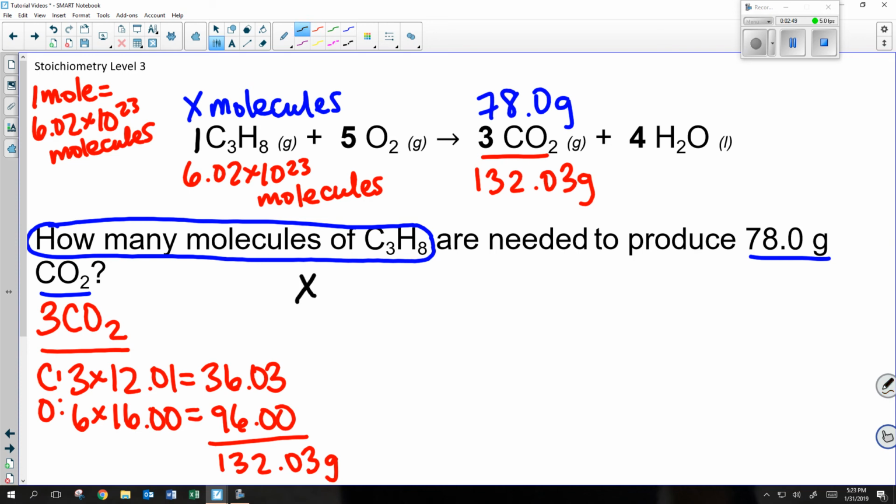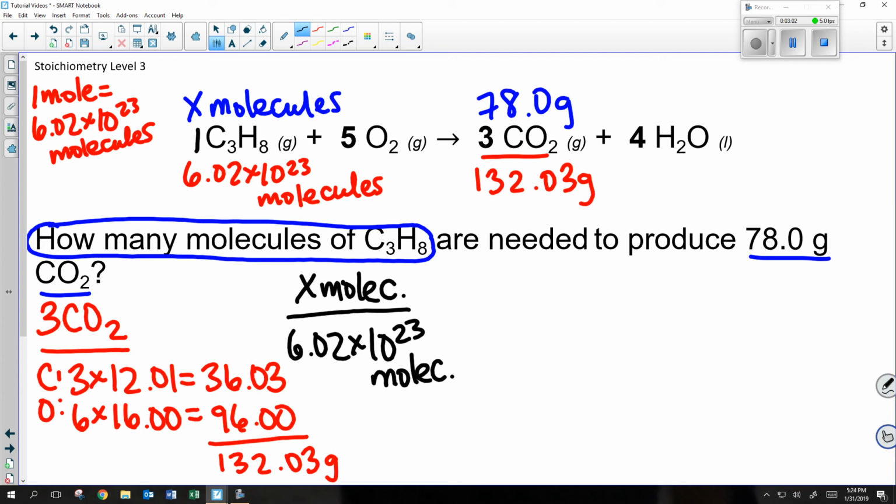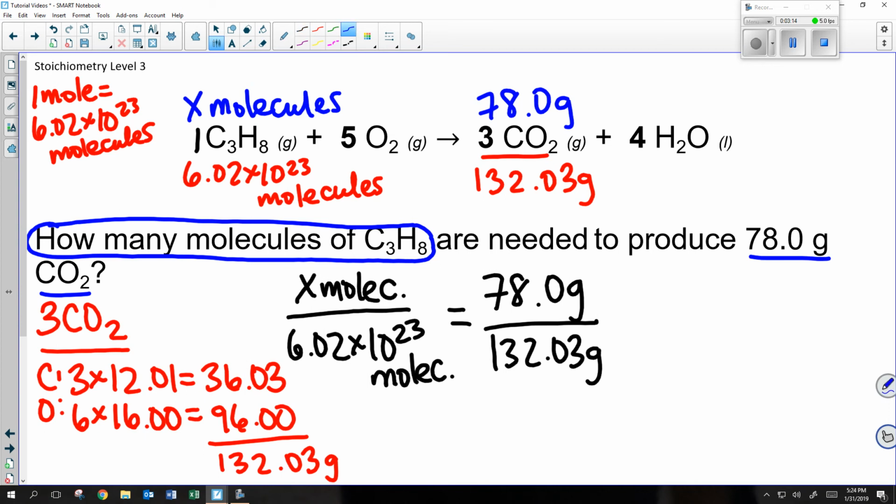So I write X molecules, abbreviated as molec, over 6.02 times 10 to the 23rd molecules, once again abbreviated as molec. And that equals 78.0 grams over 132.03 grams. At this point, I cross-multiply and solve for my missing variable.